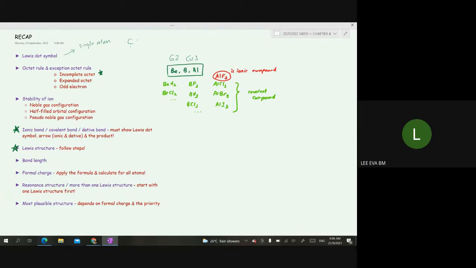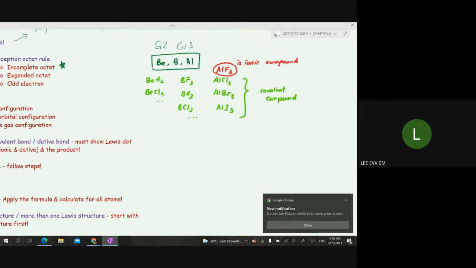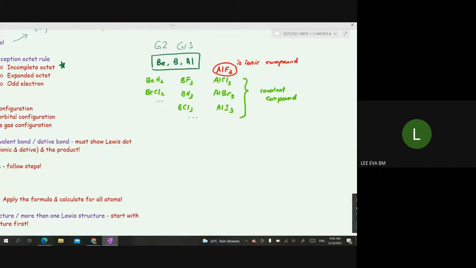You have to remember a few examples, such as BeH2, BeCl2, BeF2, whatever with Be. They are always incomplete octet. For boron, whatever you match it with, fluorine, hydrogen, chlorine, bromine, they are incomplete.